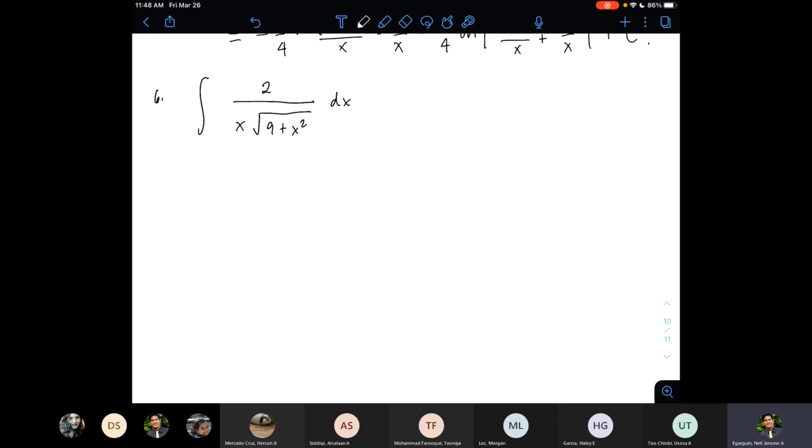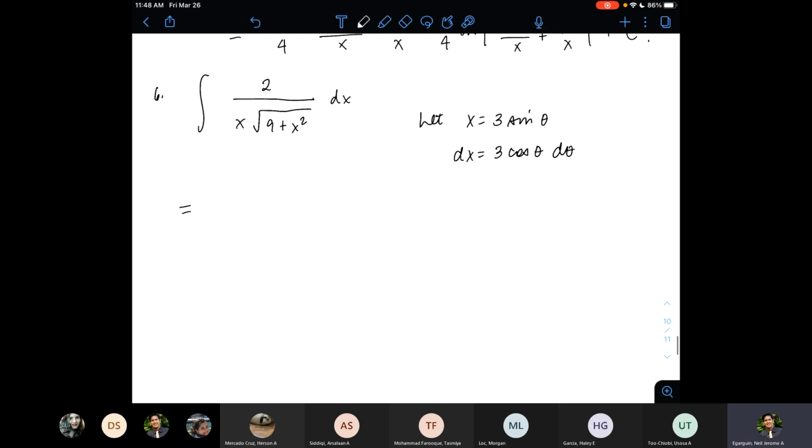Okay, so for this common problem that was sent, the substitution is 3 sine theta, so dx is 3 cosine theta d theta. Okay, after the substitution, what did you get?